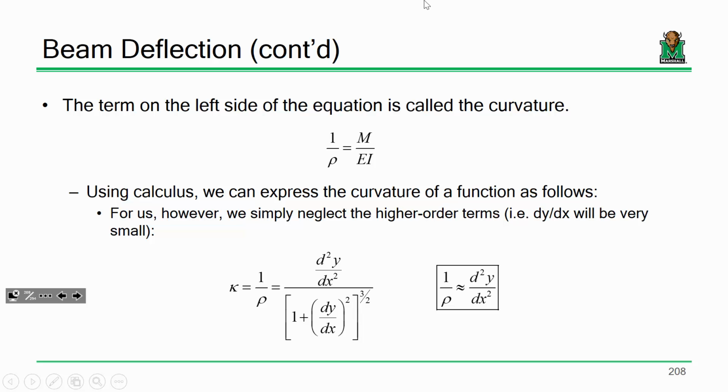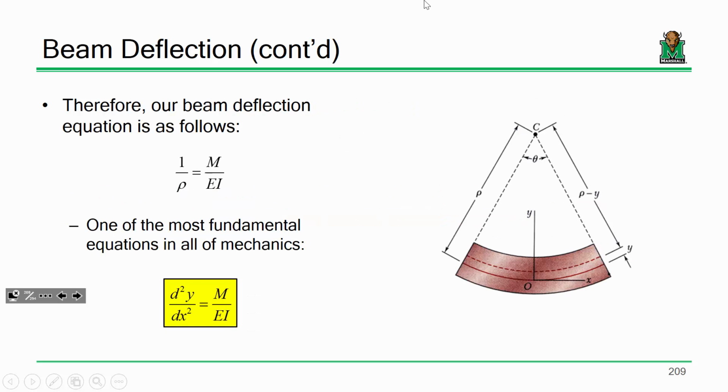So if 1 over rho is M over EI, and 1 over rho is basically the second derivative of deflection, I arrive at one of the most fundamental equations in all of mechanics. How many of you are in fluids right now, or have taken fluids? When you do, you will learn of an equation called Bernoulli's equation, one of the most fundamental equations in all of fluid mechanics.